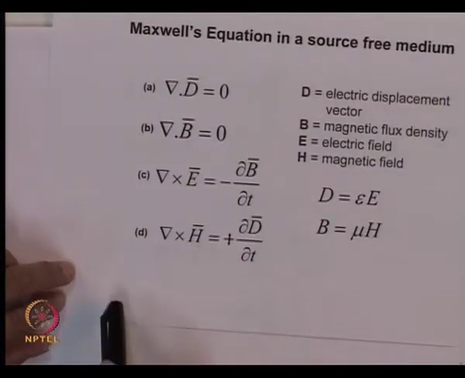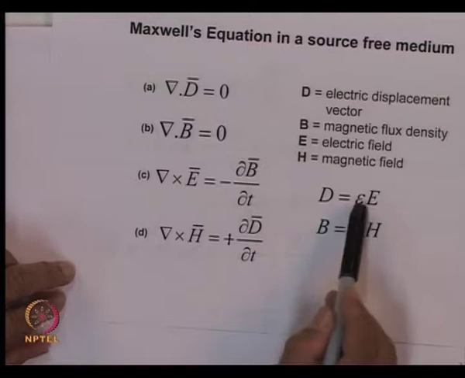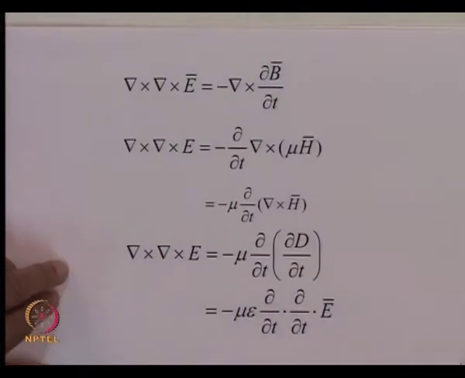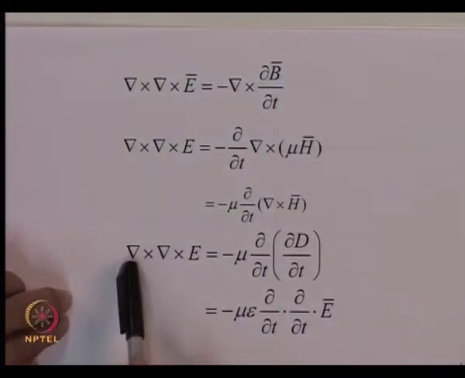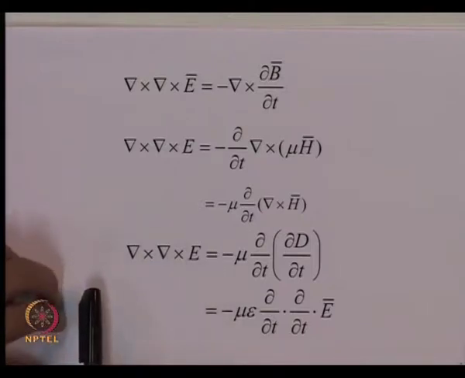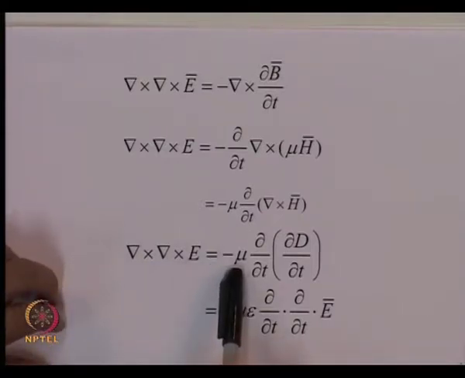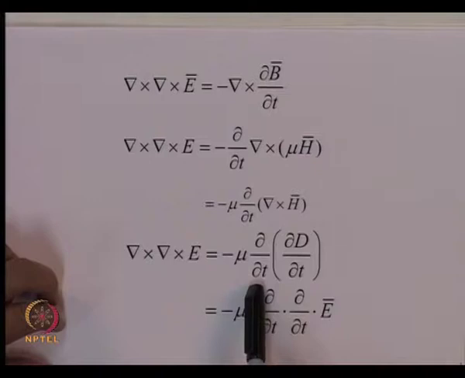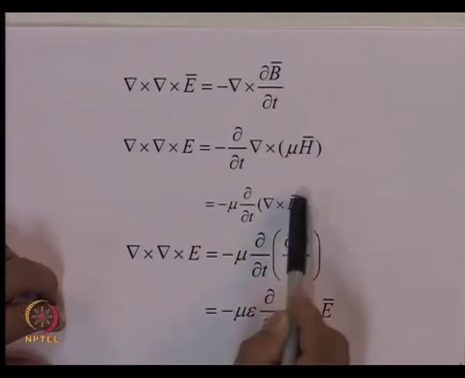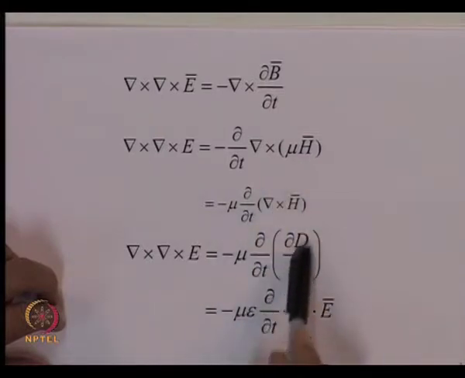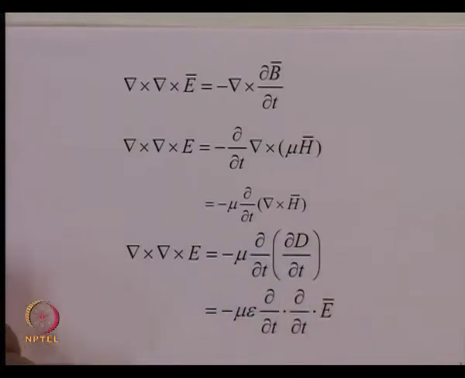Then from the second equation we can substitute for del cross H, and here we can substitute for D, which is epsilon times E. If we do that, then we get del cross E equal to minus mu d by dt of dD by dt, because this quantity is nothing but dD by dt.